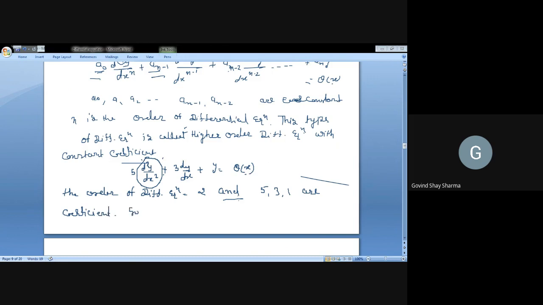So this equation is called a higher order differential equation with constant coefficients.